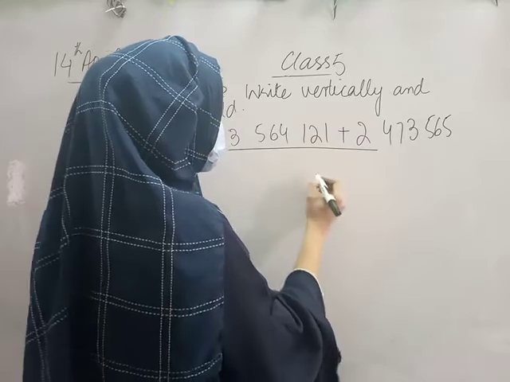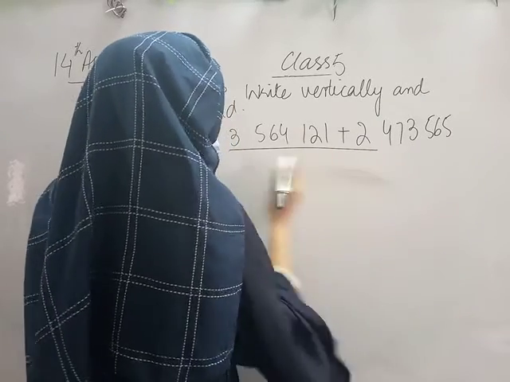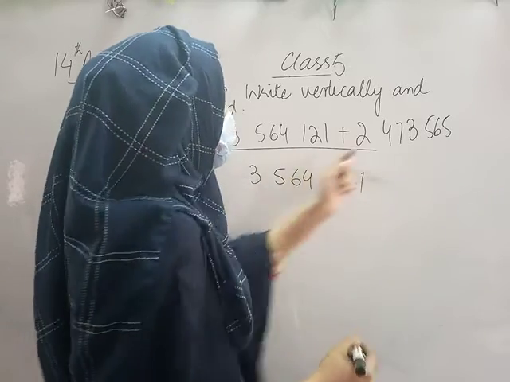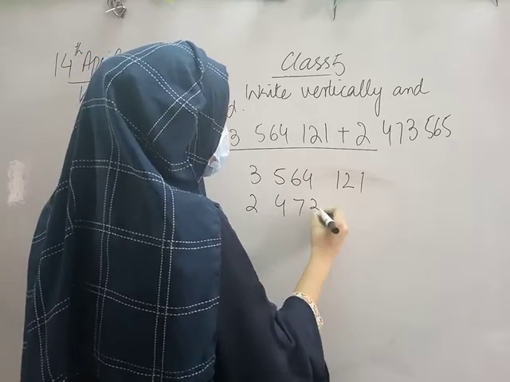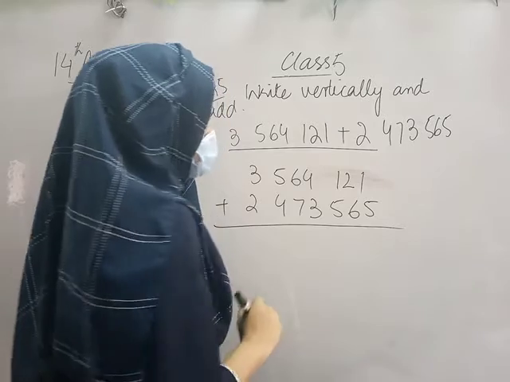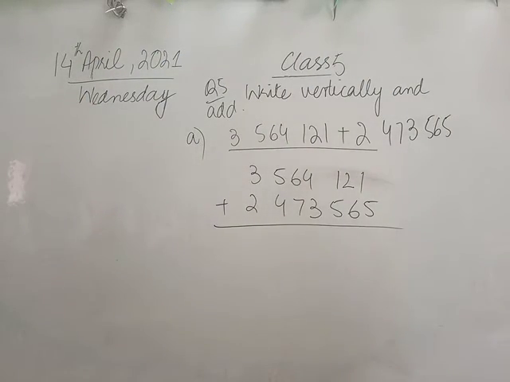First number, which is 3 564 121, and the second number is 2 473 565, plus. Fine class, this is how we can write numbers into vertical form. Is it clear to everyone? Okay.